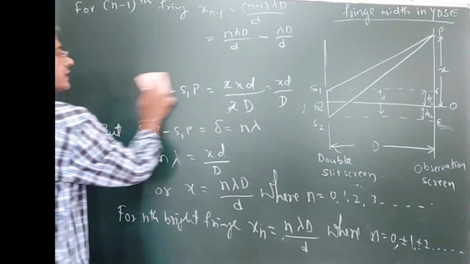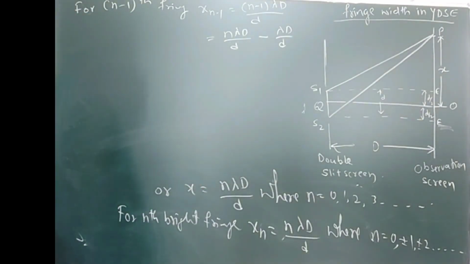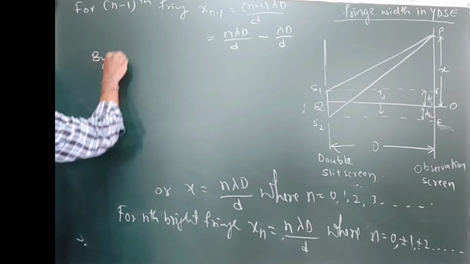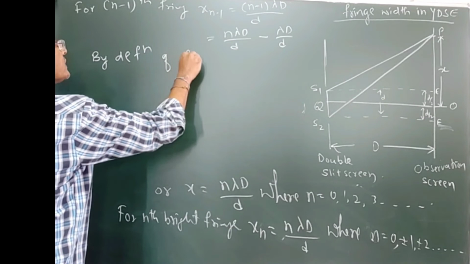By the definition of fringe width, it is the distance between two successive fringes.